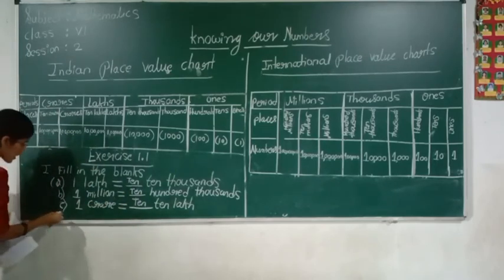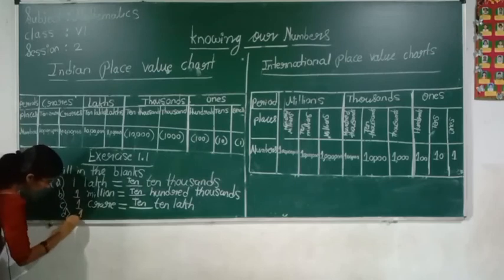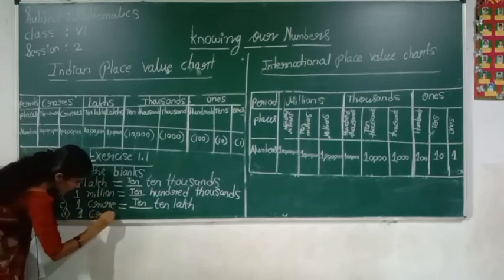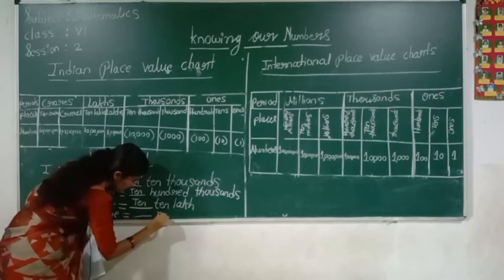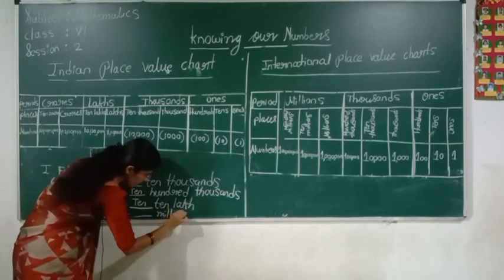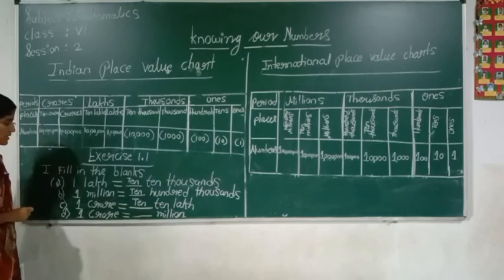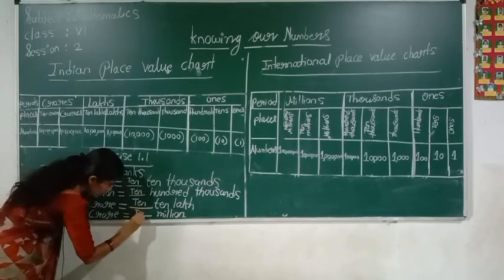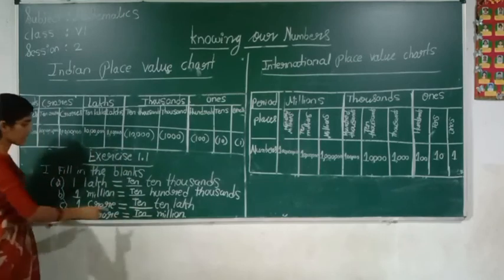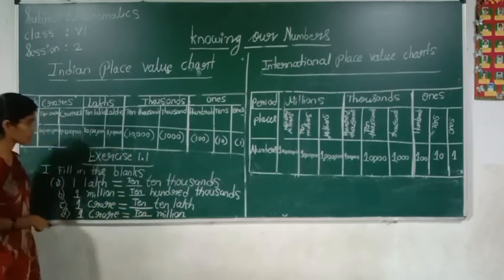So next they have asked: 1 crore is equal to dash million. So 1 crore is nothing but 10 million. 10 million is nothing but 1 crore.